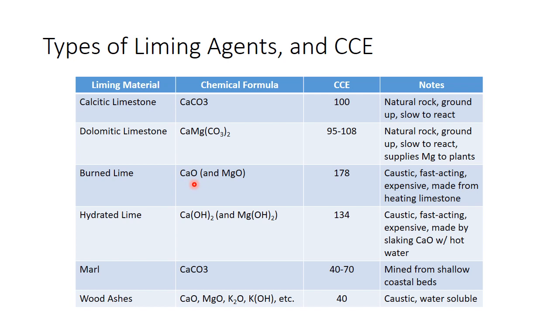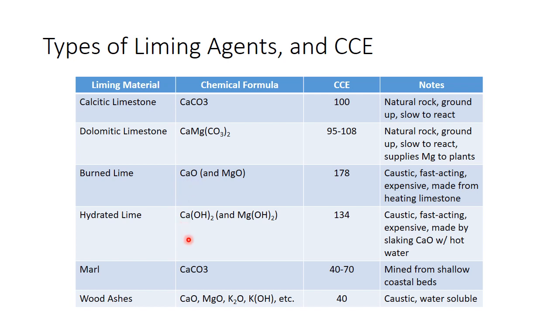So on a per mass basis, calcium oxide is more effective than calcitic limestone. And as a result, we get a higher CCE. So on a per weight basis, it is more effective and we get a CCE that's higher than 100. And it all comes down to that molecular weight of calcitic limestone.